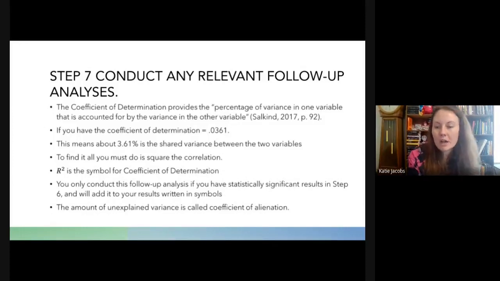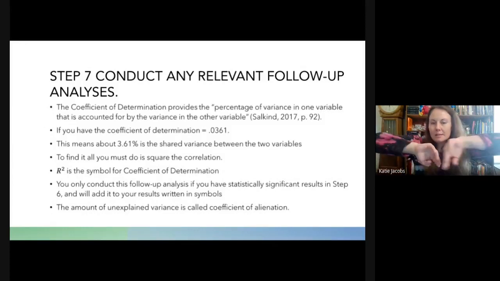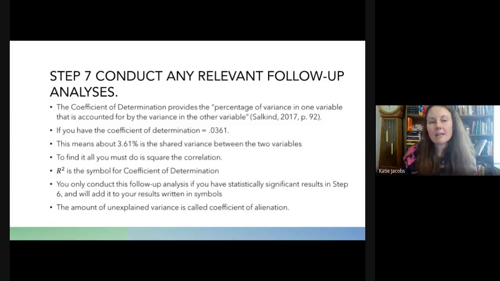We talked about this a little bit when we talked about the independent samples t-test, that when we're talking about our effect size for that, we're saying whatever is happening with the variation in the dependent variable likely occurs because of what group they're in. This is kind of similar to that.